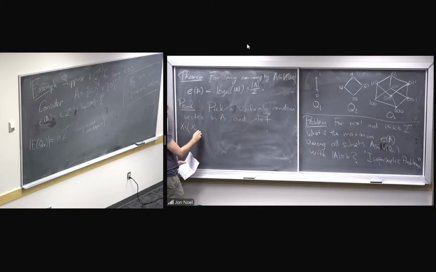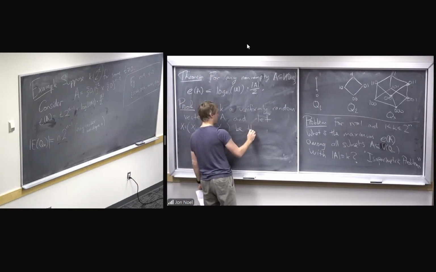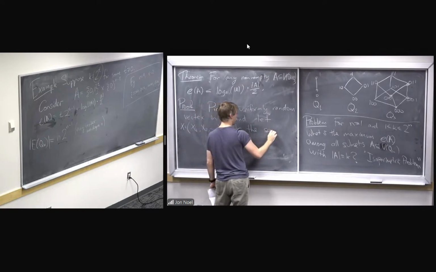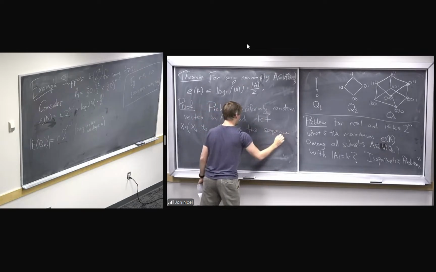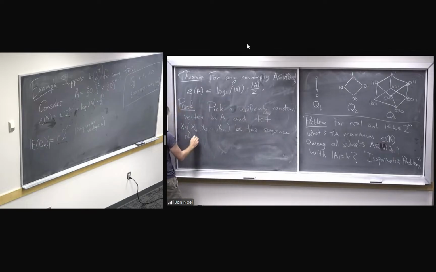So X is going to be a sequence X1, X2 up to Xn, which is basically the sequence of coordinates of that random vertex. Each of these is either 0 or 1, right?